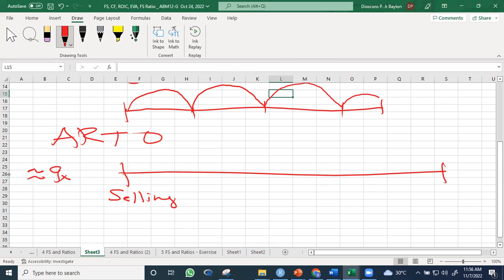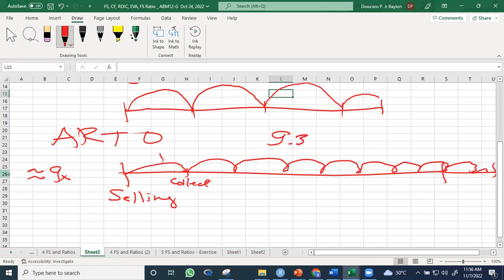Ibig sabihin, sell and then collect. Isang cycle. Sell ulit, collect. Sell, collect, 3, 4, 5, 6, 7, 8, 9, 9 something, no? So for the whole year, the company averages around 9.3 times na collection. Pagkabenta, collect. On the average, 9 times. 9.3 times. Okay? Again, is this good or not?